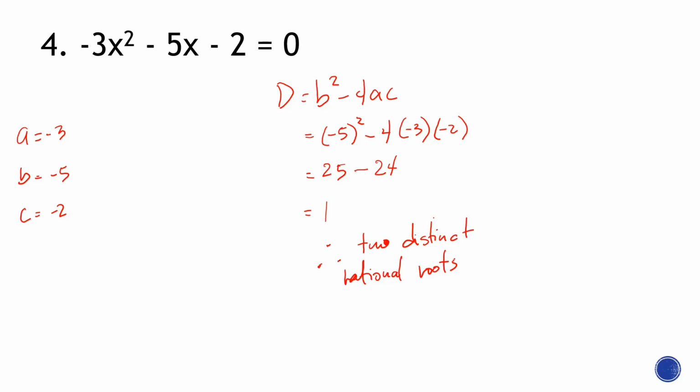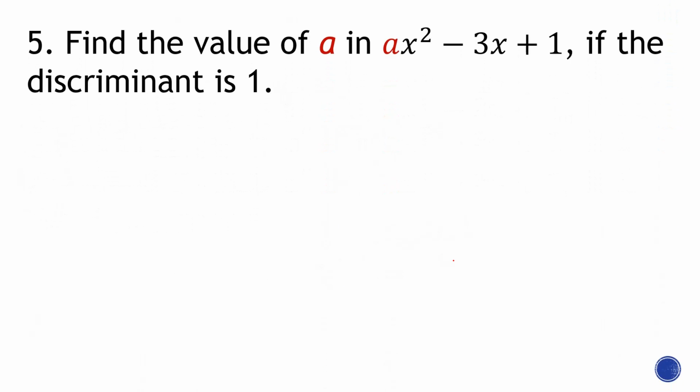I think 3. There's a possibility that you might encounter this kind of problem that involves discriminant. So here, find the value of a in ax squared minus 3x plus 1 if the discriminant is 1. So what's missing here is the numerical coefficient of the leading term, right?